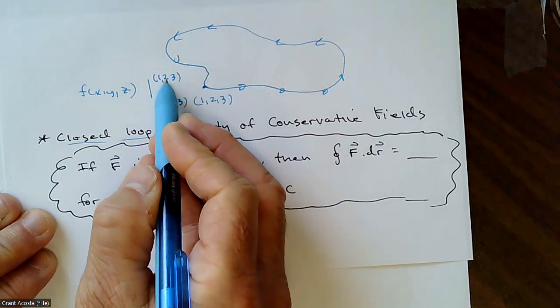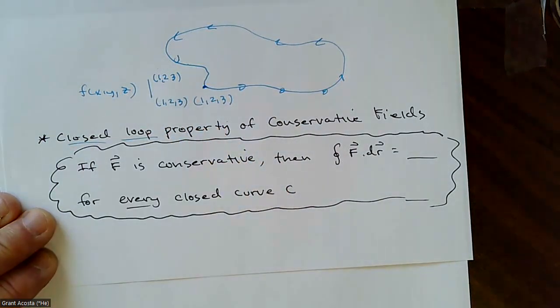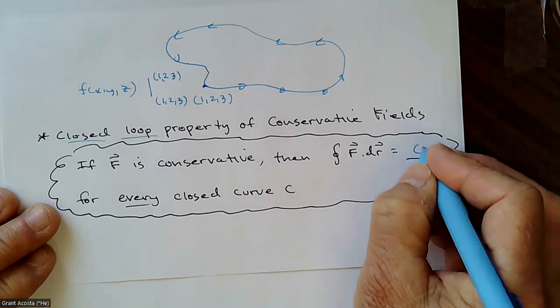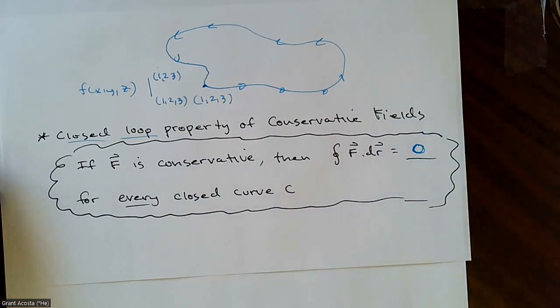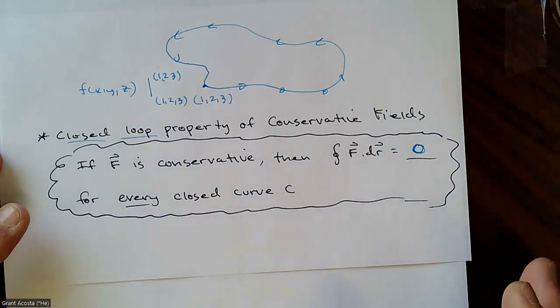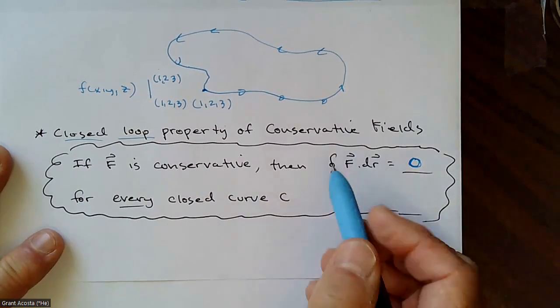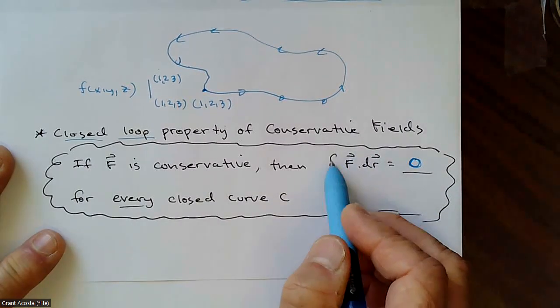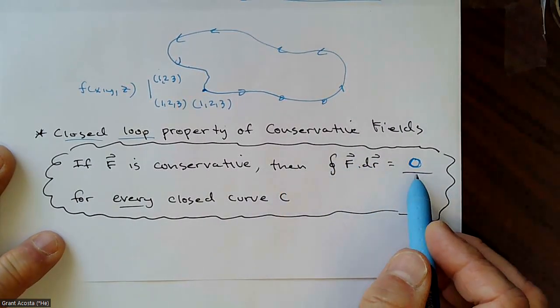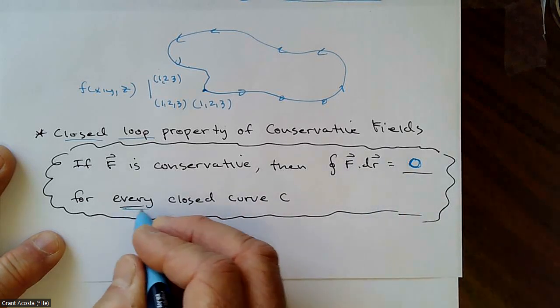If you plug in 1, 2, 3 minus the value of the function at 1, 2, 3, you are going to get 0. So if f is a conservative field, the line integral all the way around a closed curve will always come out to be 0, for every closed curve.